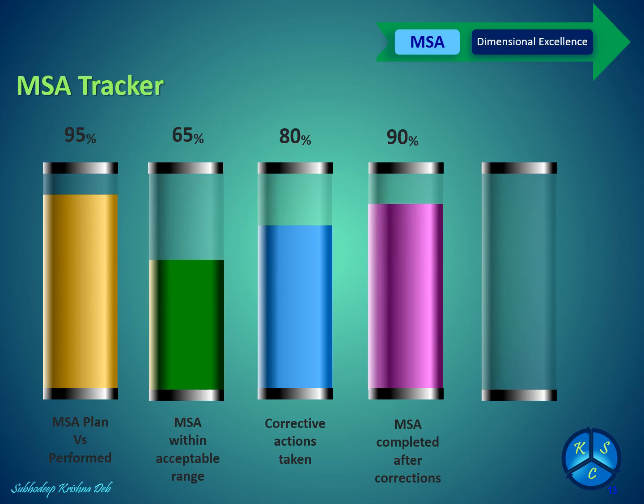This will give us confidence in how we can reduce the measurement system variation, which will ultimately lead to a better product and better quality of the measurement system. So this kind of tracking needs to be done so that we can systematically improve the measurement system and track the whole thing.